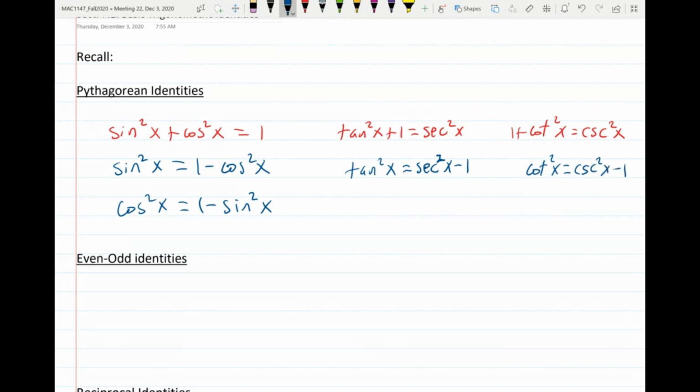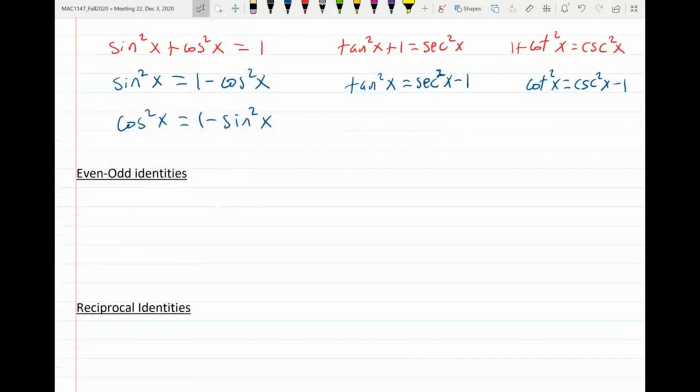Then we have the even-odd identities that we discussed when we defined the functions, right? Remember, all the trigonometric functions are odd with the exception of cosine and secant, which are even. So sine of negative x, cosine of negative x, and tangent of negative x. Once you know these three, then the other three behave the same, because they're just 1 over these. Those are the reciprocal identities.